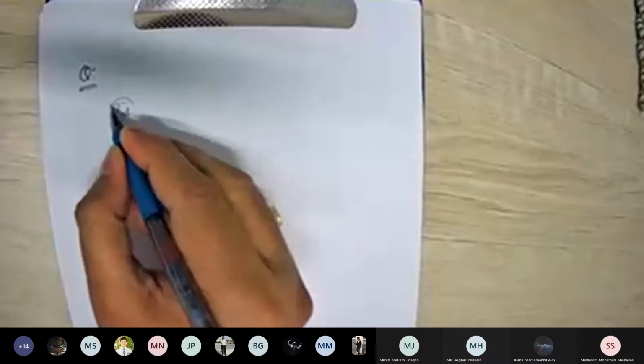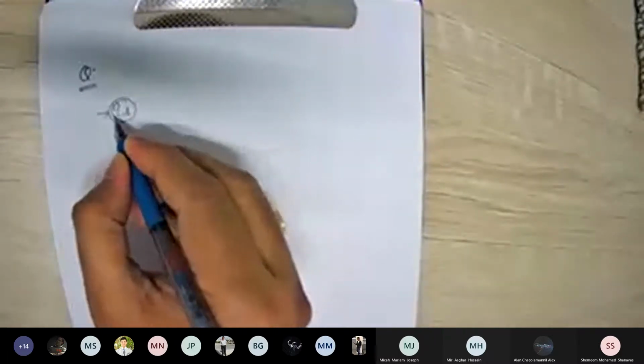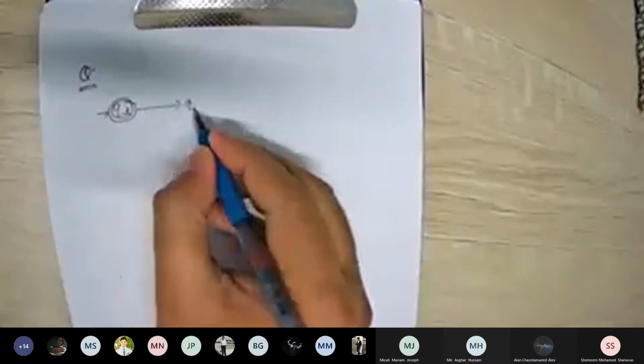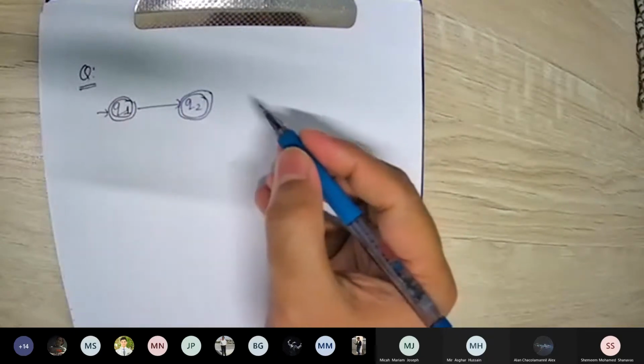Suppose that you have Q1, the initial state, which is also a final state. Then you have Q2, which is also a final state, so there are two final states.